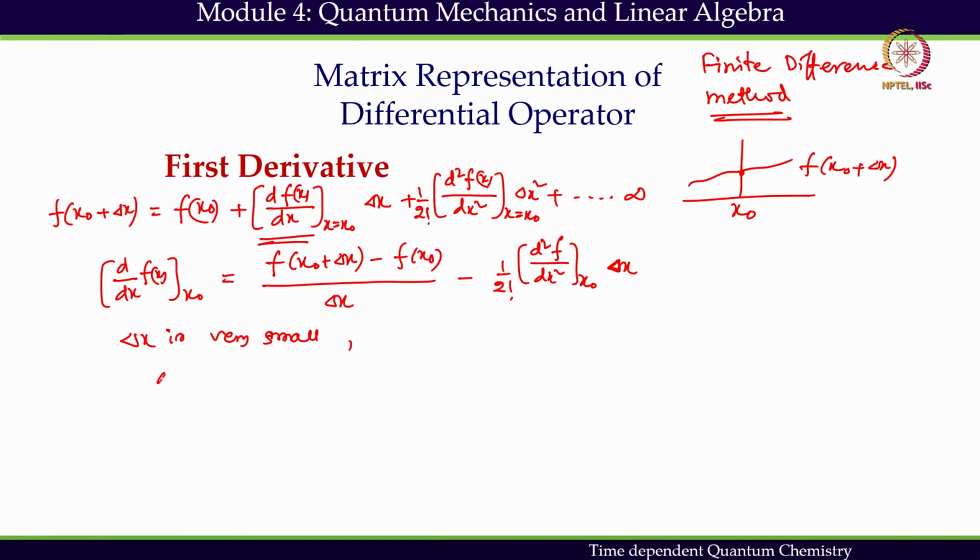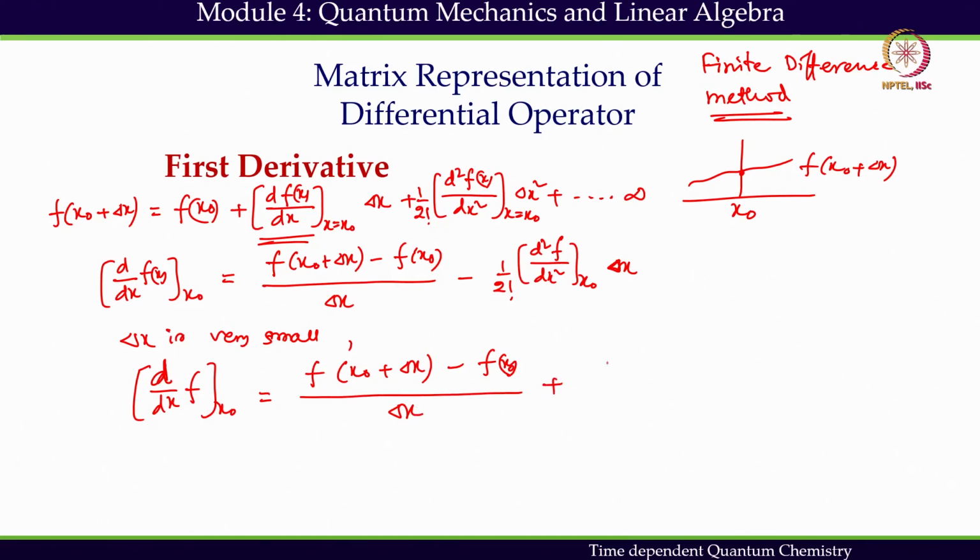approximately I can write down the first derivative of this function at x naught equals f of x naught plus delta x minus f of x naught, divided by delta x, plus an error that would be proportional to delta x. This is called truncation error.